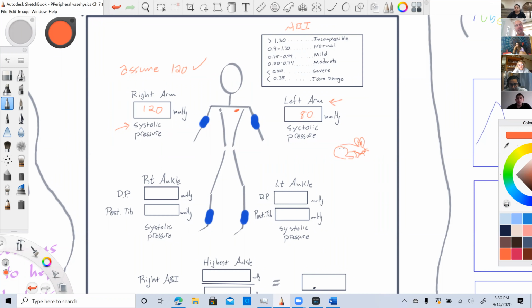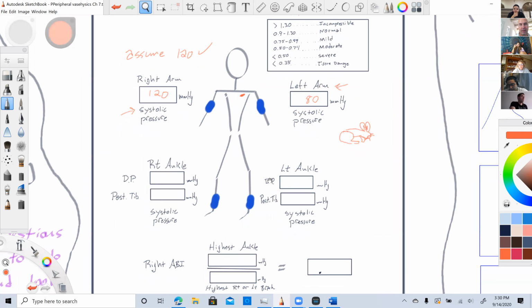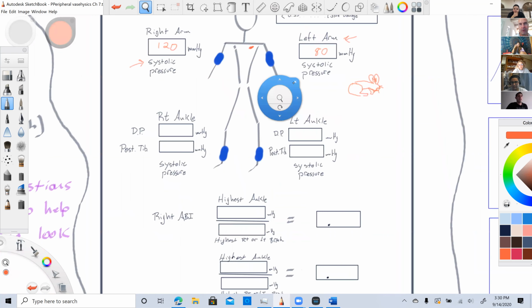This person having plaque right there, having low systolic pressure in the arm, they're actually in need of a carotid exam. Okay, let's move forward. So we've already diagnosed one thing on this person, but we also need to find out what's going on in the rest of the body.